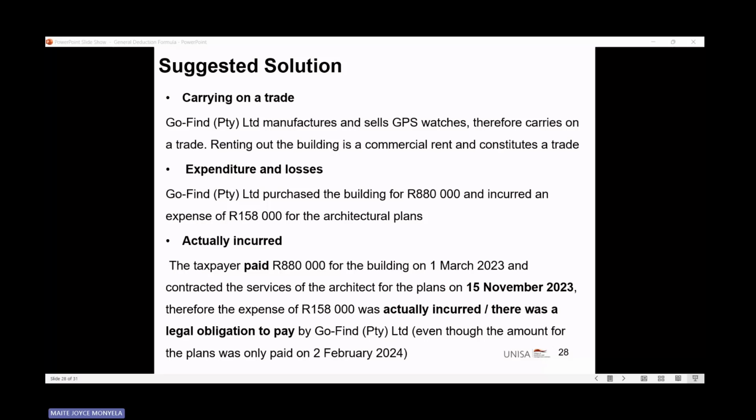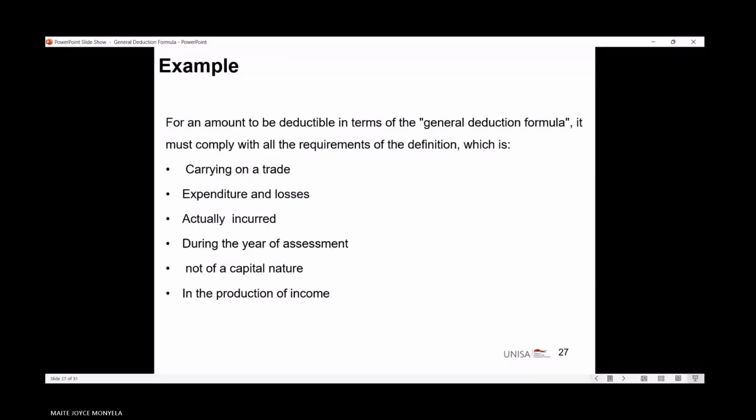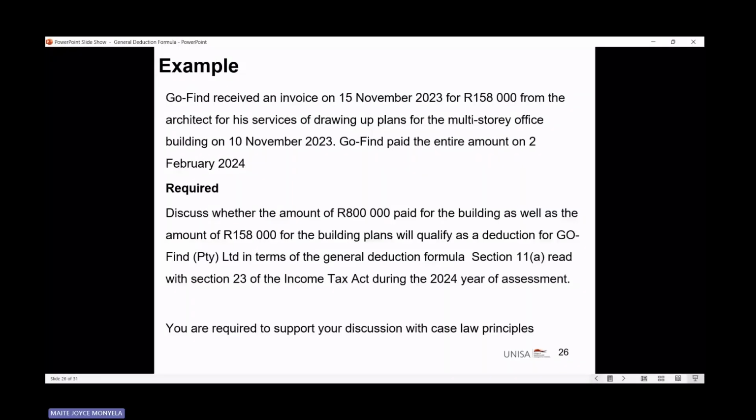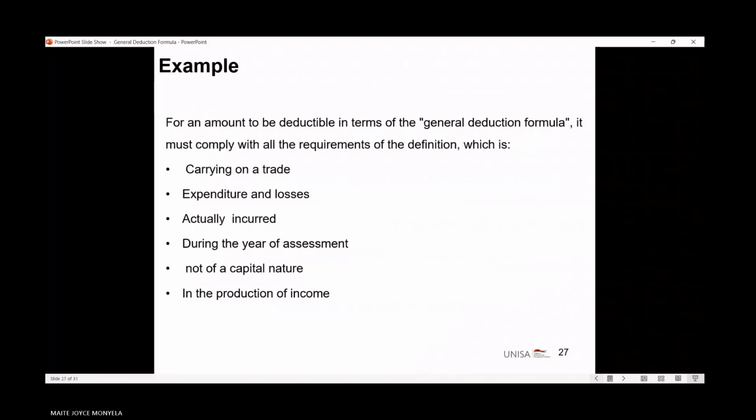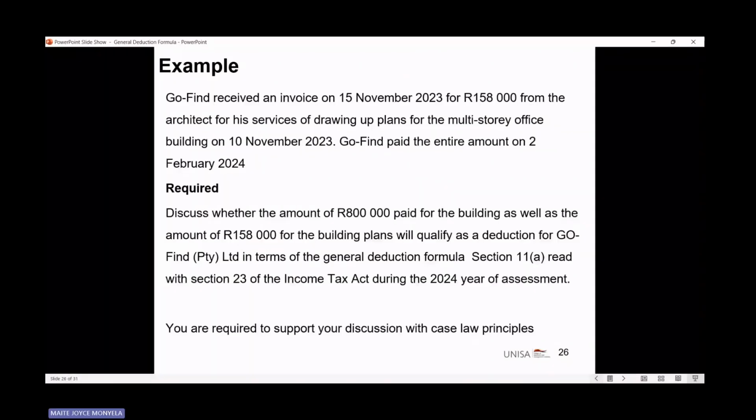Any question on actually incurred, because we have many dates on this one. They paid the 880 for the building on 1 March. Remember the financial year for this company ended on 31 January, and we want to determine this for the tax year of 2024.